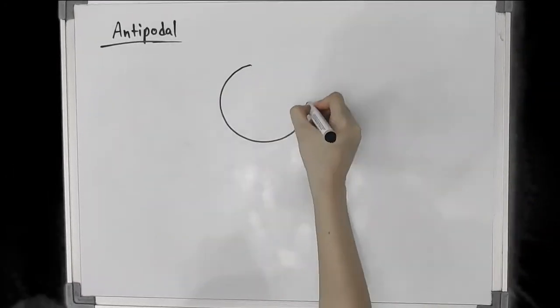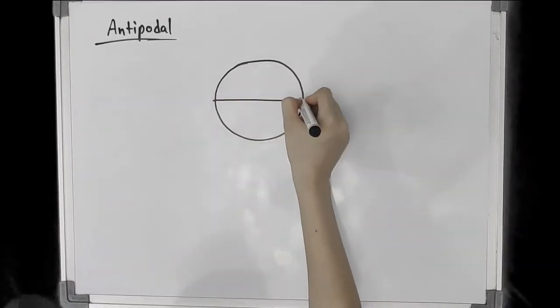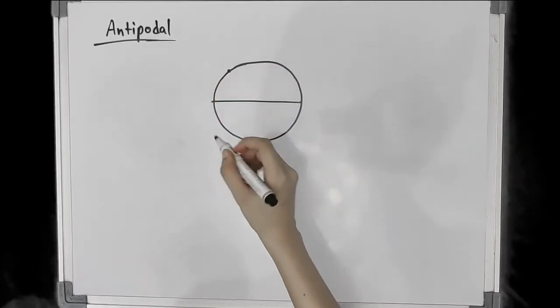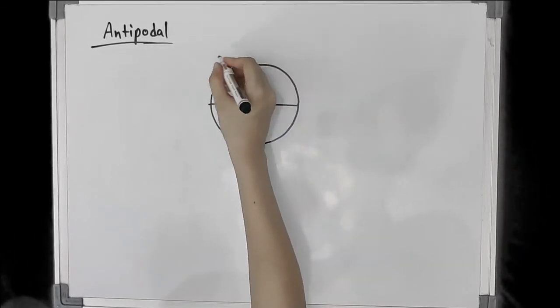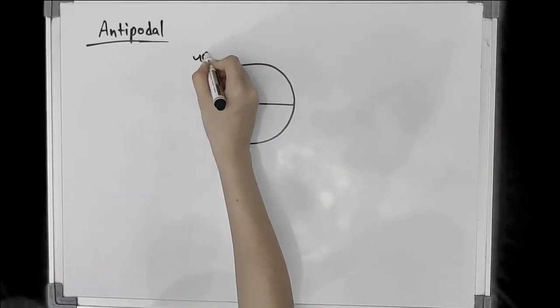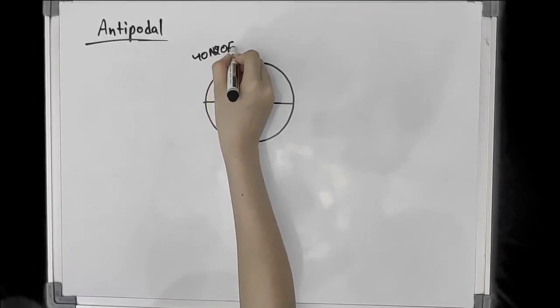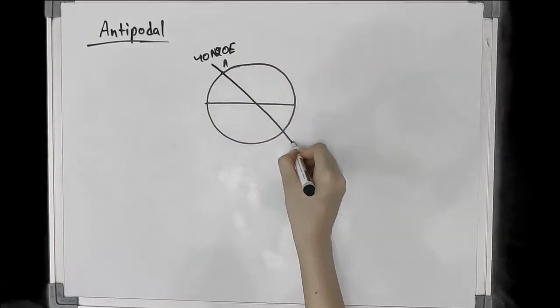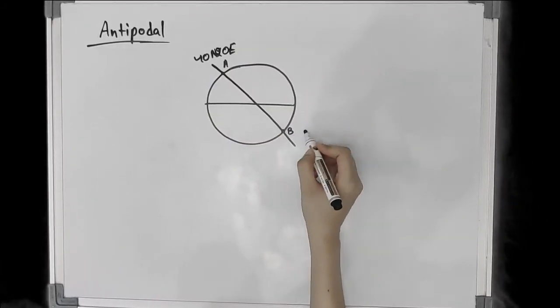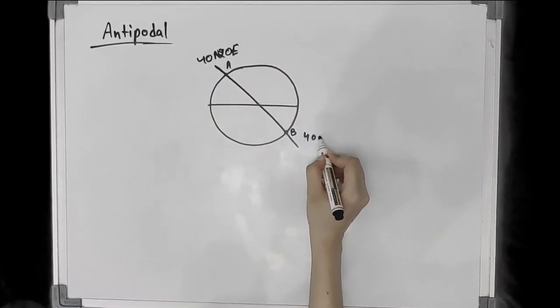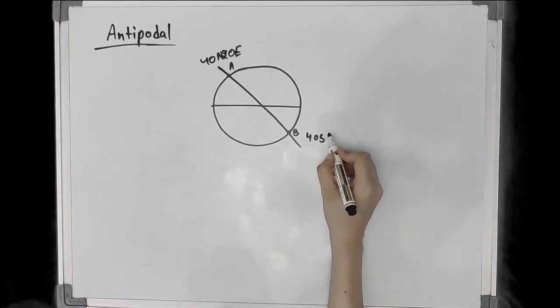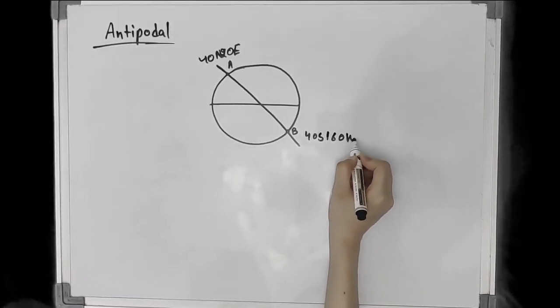Antipodals. The diametrically opposite points on a great circle are called antipodals. For example, if we have to find the antipodal of point A, that is 40 degrees north and 20 degrees east, then the antipodal would be point B, which is 40 degrees south and 160 degrees west.